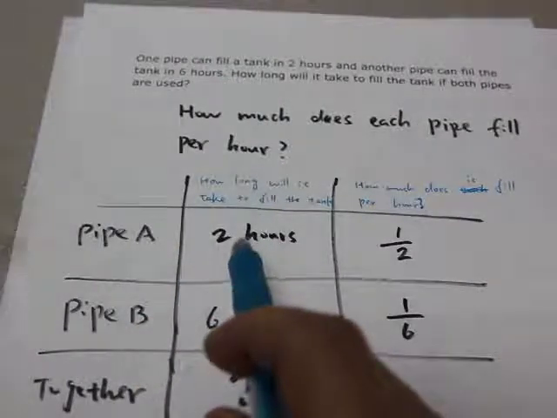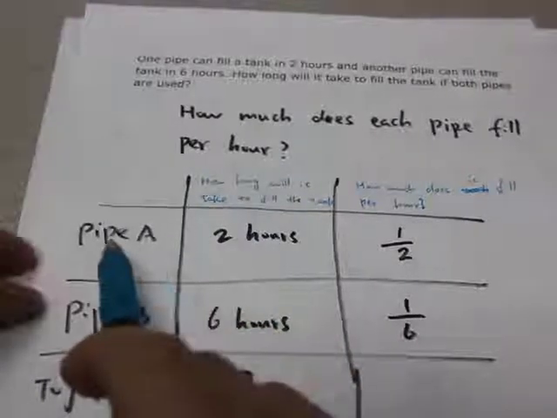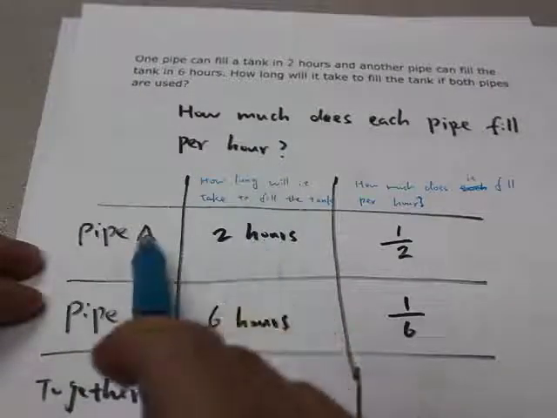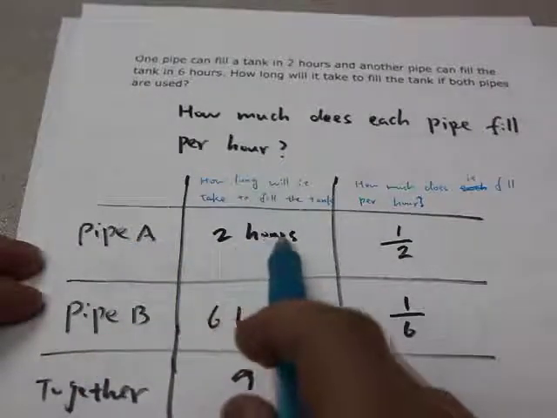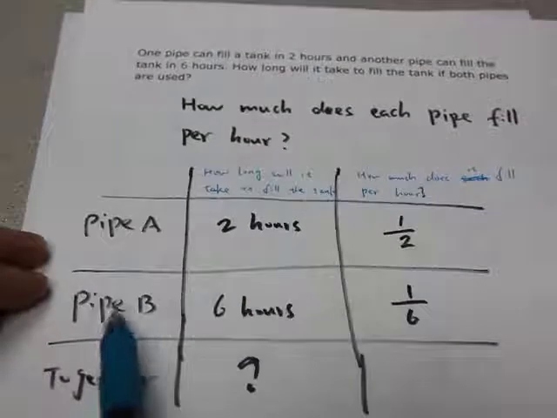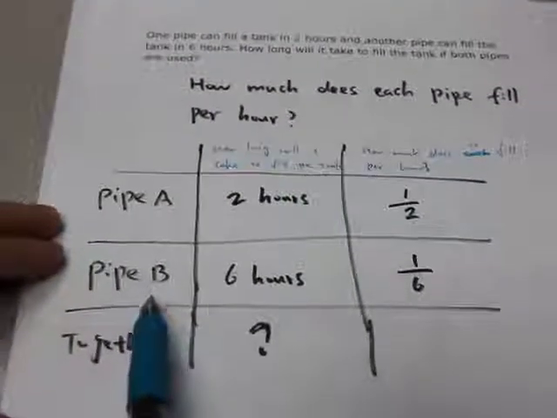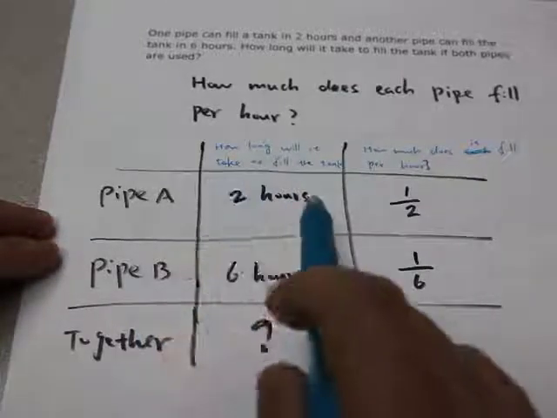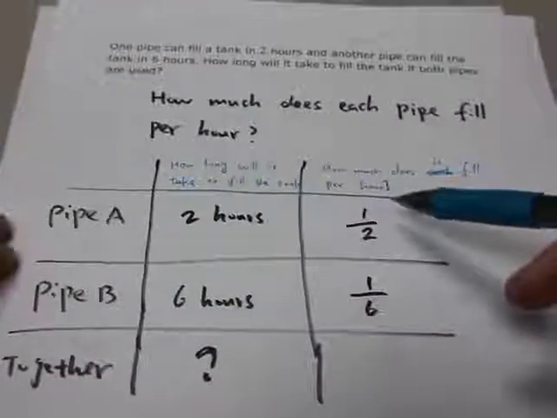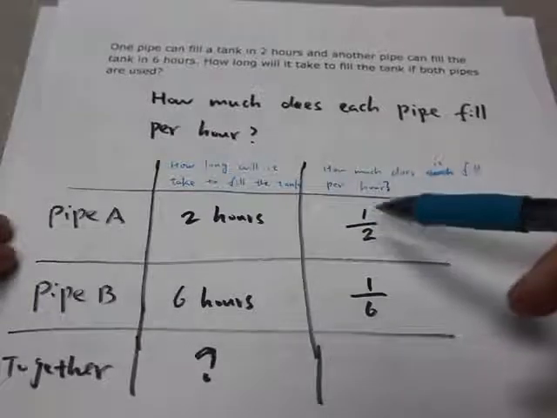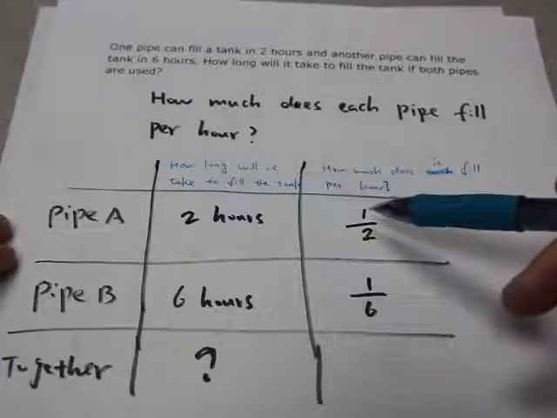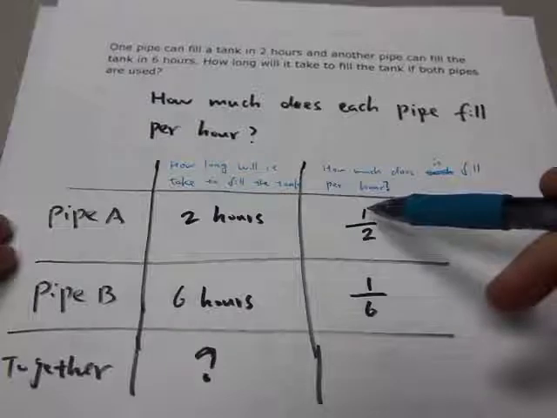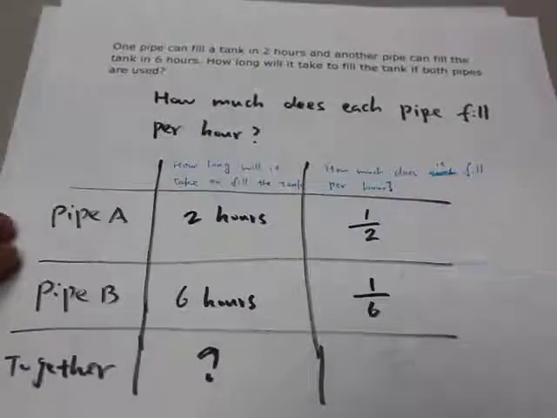So if we only use pipe A, it will take 2 hours to fill the tank. And if we only use pipe B, it will take 6 hours to fill the tank. And therefore, the amount of work each pipe can fill in 1 hour is 1/2 and 1/6.